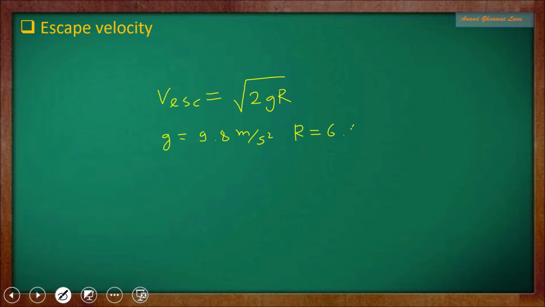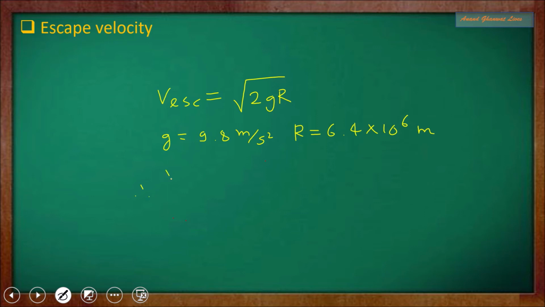Now let us calculate escape velocity of the earth. Escape velocity is equal to under square root 2 into g into r, where the value of g on the surface of the earth is 9.8 meter per second square and the radius of the earth is 6.4 into 10 raised to 6 meter.